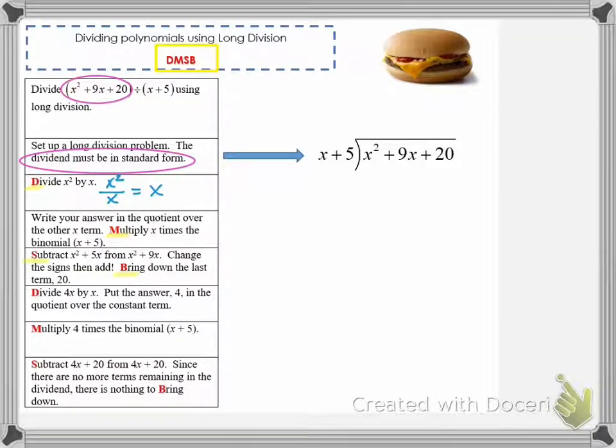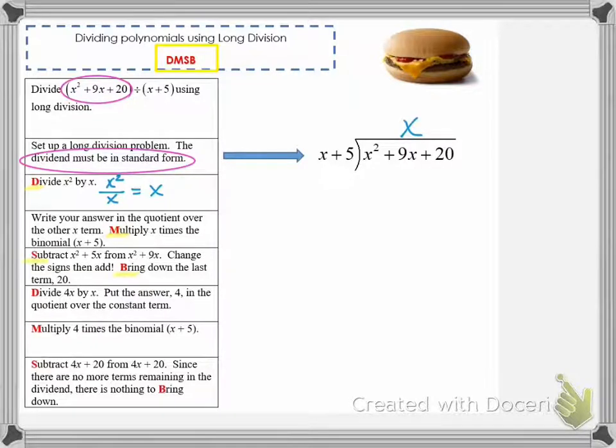Well, I would need to multiply x by another x. So basically I'm taking that quotient, x squared divided by x, and writing that answer over the other x term in the dividend. So notice how I wrote x right above the 9x.